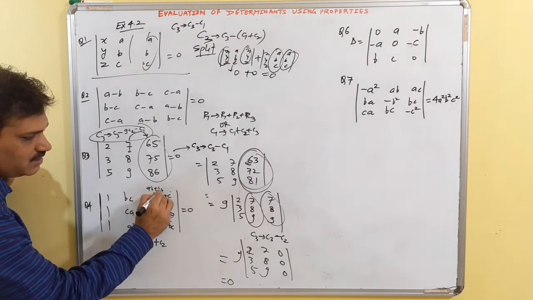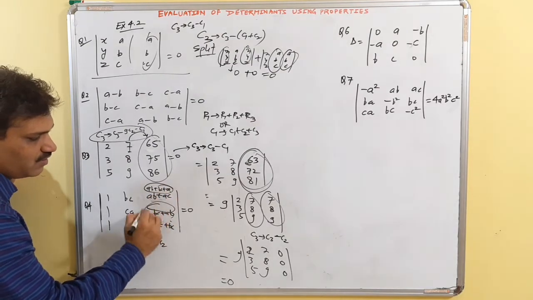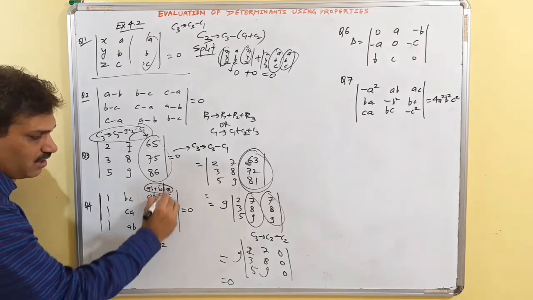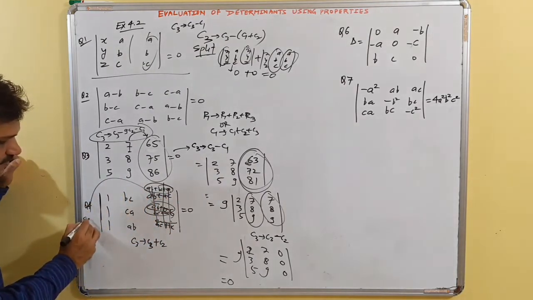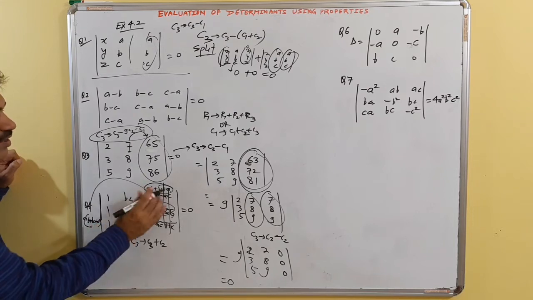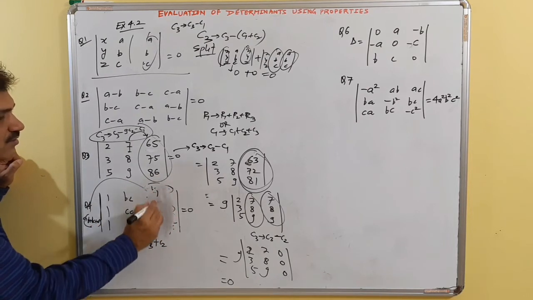The same you are going to get here, AB plus BC plus CA. As soon as you take AB plus BC plus CA common, you get here 1, 1, 1.